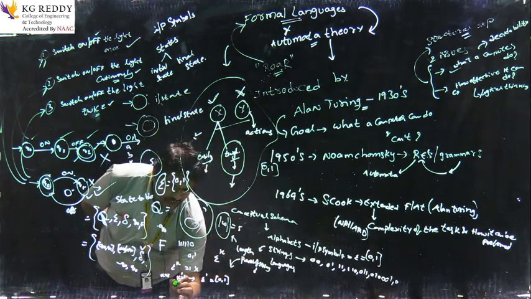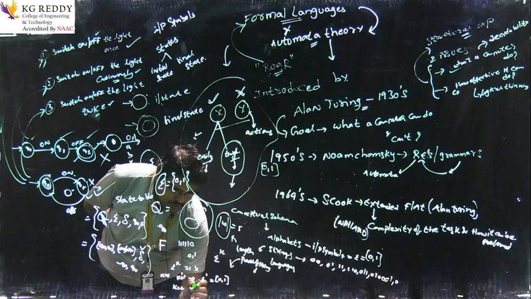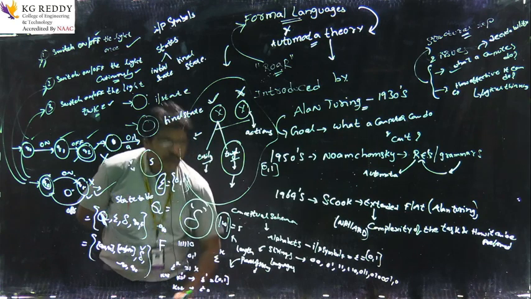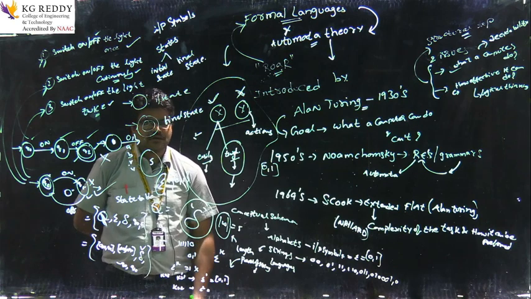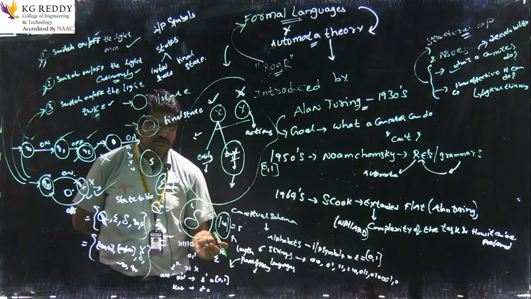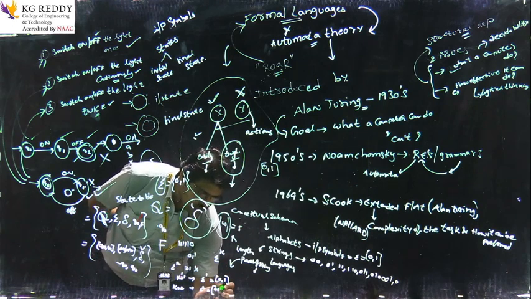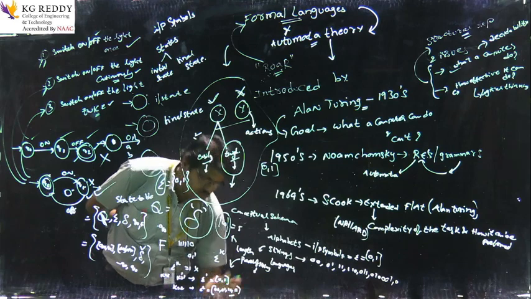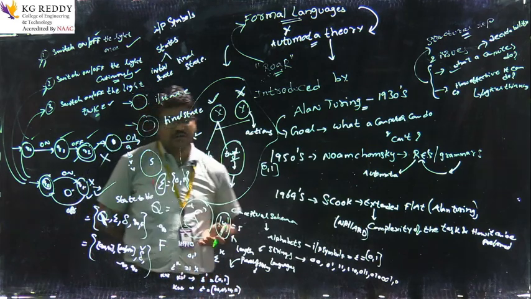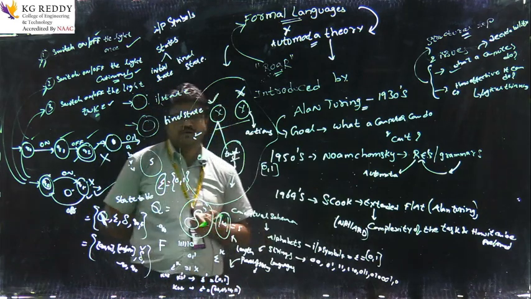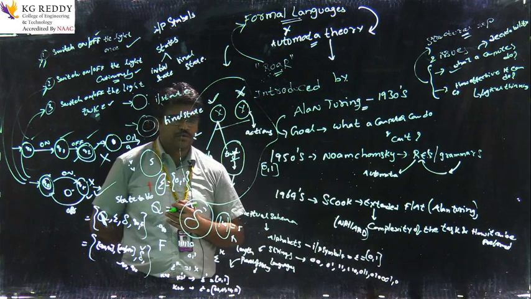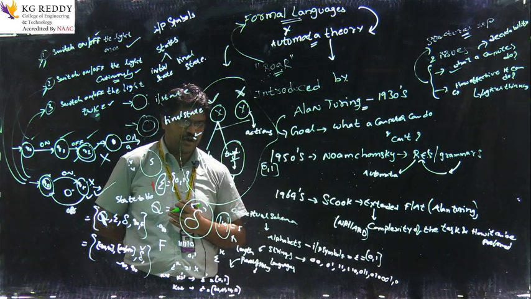Next, if k is equal to 2, sigma power 2, so the combination of these input symbols twice. We can represent it as 0 0, 0 1, 1 0, 1 1. Simply, in 10th class we know 2 power 1, 2 square, 2 cube, 2 power 4, 2 power 5.